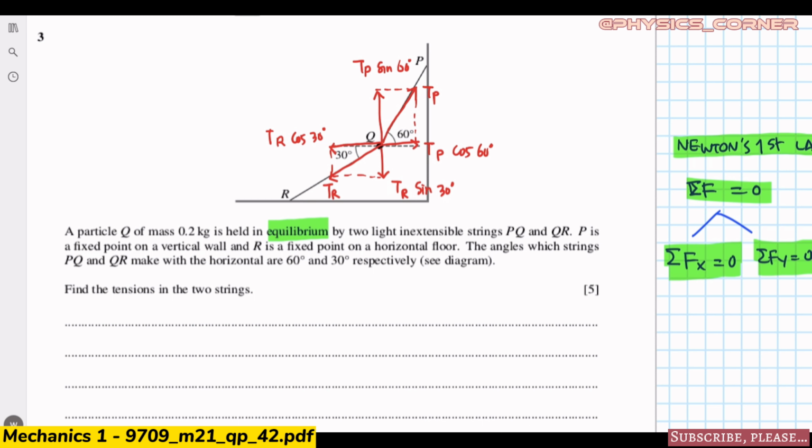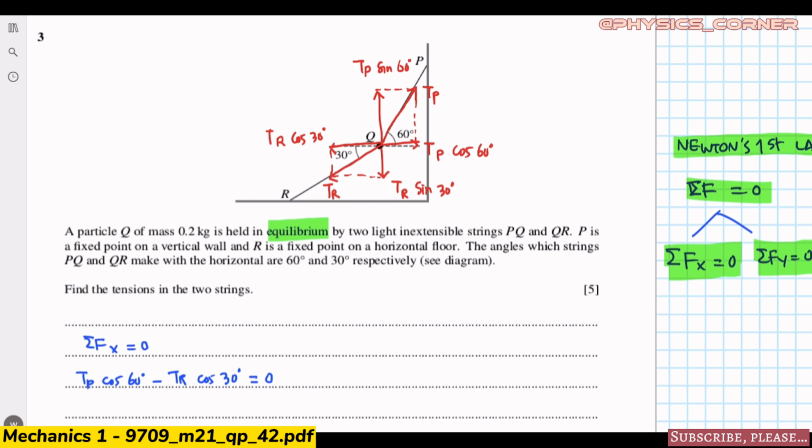We see first on the x, total force on the x equals 0. It means TP cos 60 minus TR cos 30 equals 0.